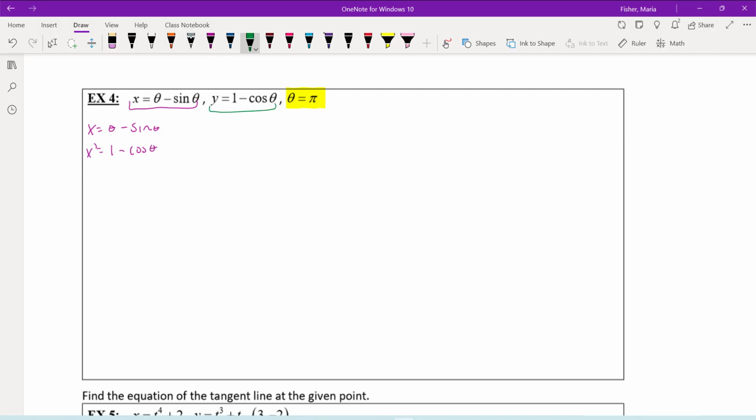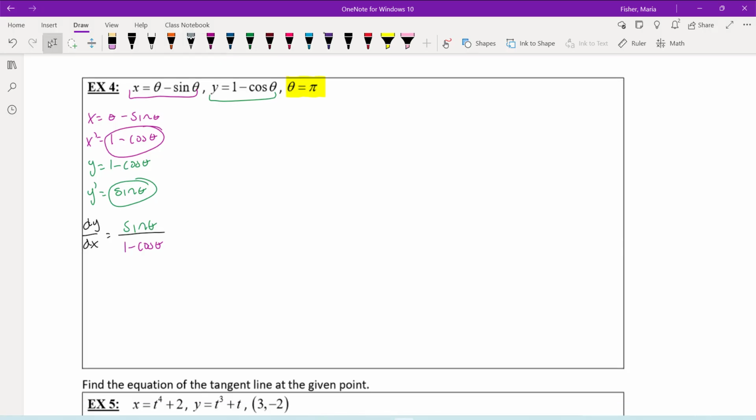And this is my y. If I take the derivative of y, I end up with positive sine theta. Therefore, my dy/dx is going to equal y prime over x prime. And for this one, there's nothing that I can clean up.